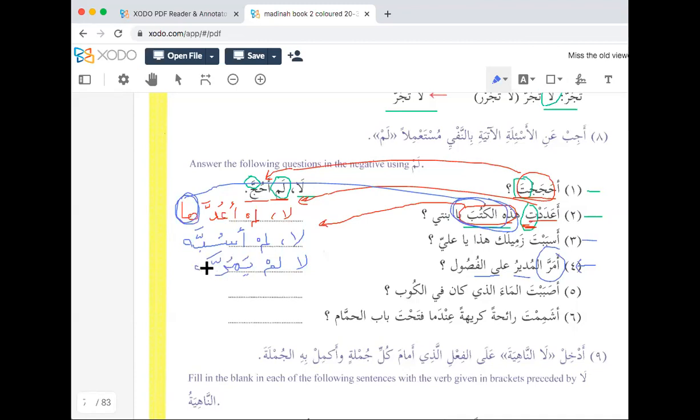Alay al-fusuli. Yeah, al-fusuli. But you say lam yamurra alayha. Just don't forget al-fusul is jama' غير عاقل, and therefore you can refer to it with the singular mu'annath feminine damir.